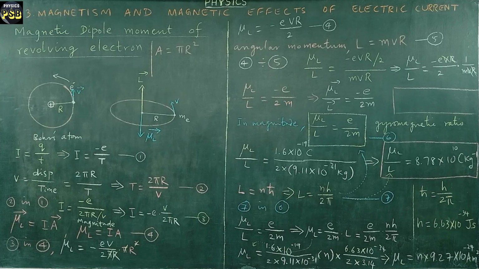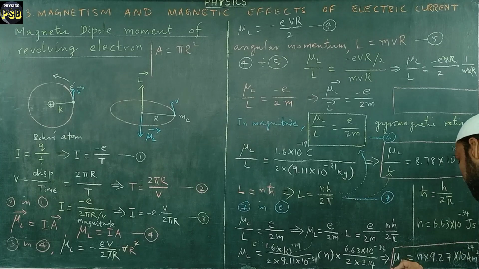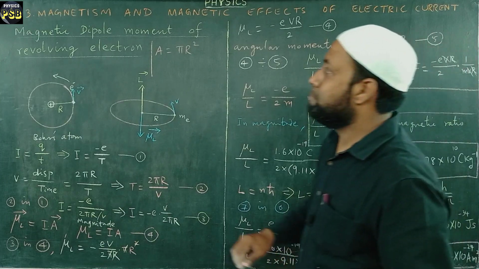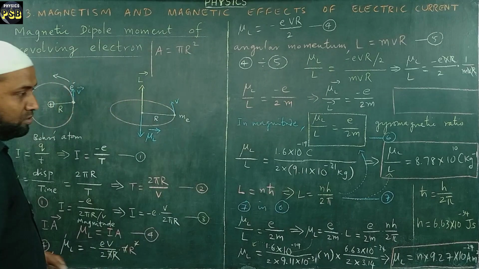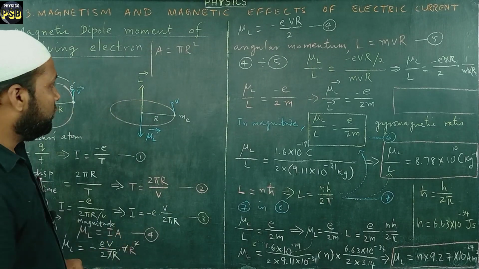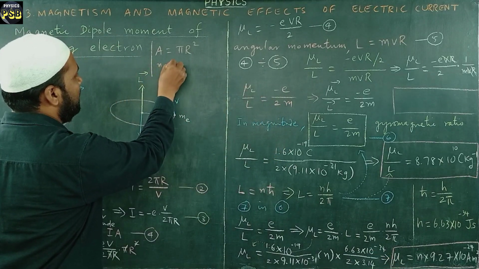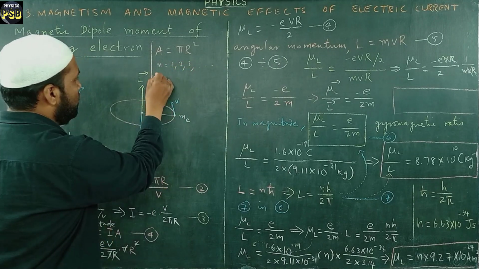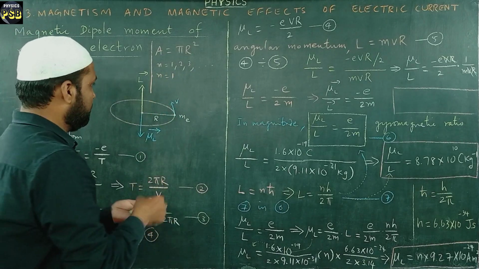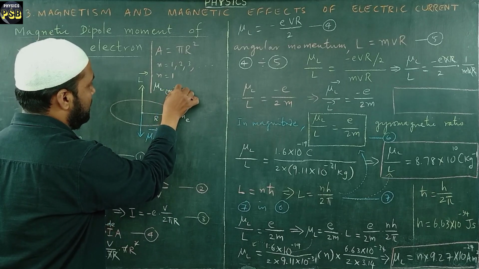This is the final expression of the dipole moment. This provides us the magnetic dipole moment of an electron revolving around the nucleus in an atom. Right. So here I told you n is nothing but a natural number, 1, 2, 3, it goes like that. If I take n equal to 1, then μ_L gets its minimum value.